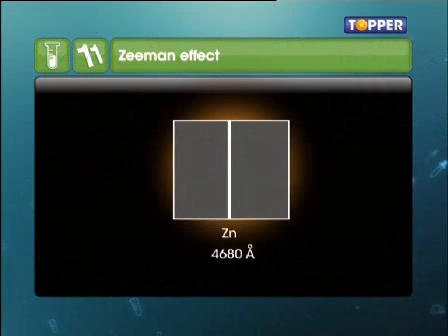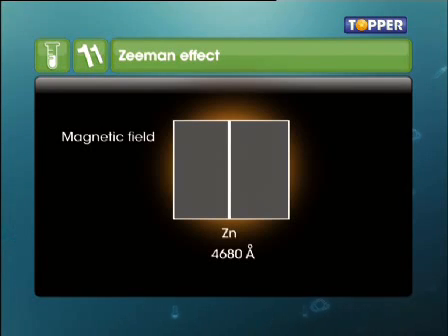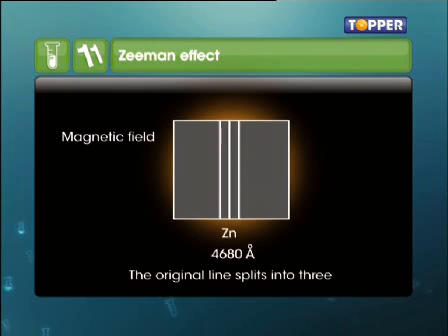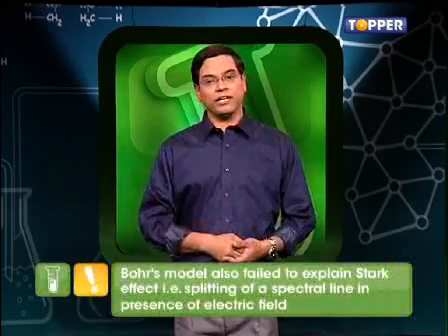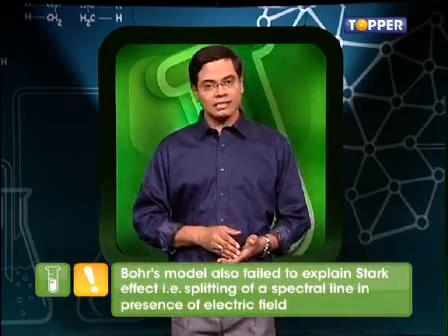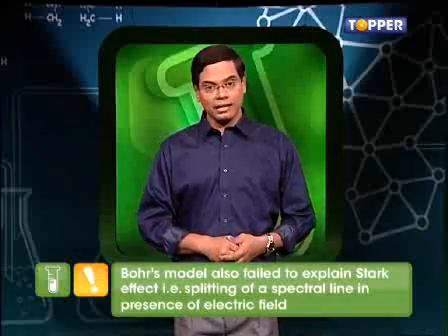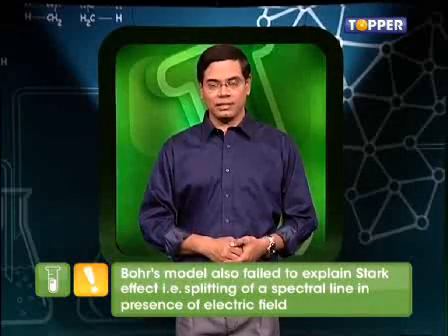Further, Bohr's model was unable to explain the Zeeman effect, that is, splitting of spectral line in presence of a magnetic field. Bohr's model also failed to explain the Stark effect, that is, the splitting of a spectral line in presence of an electric field. Therefore, we need a better theory which explains various characteristic features of atoms having many electrons.